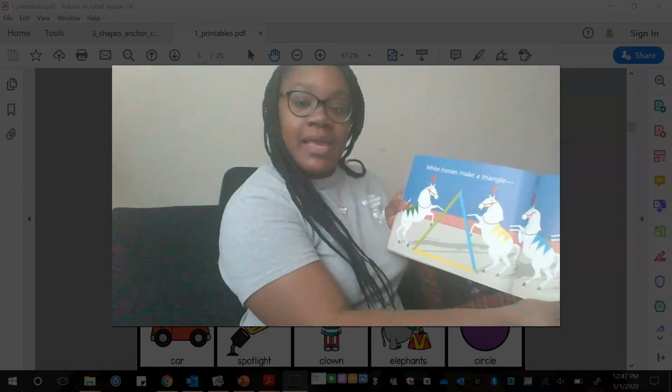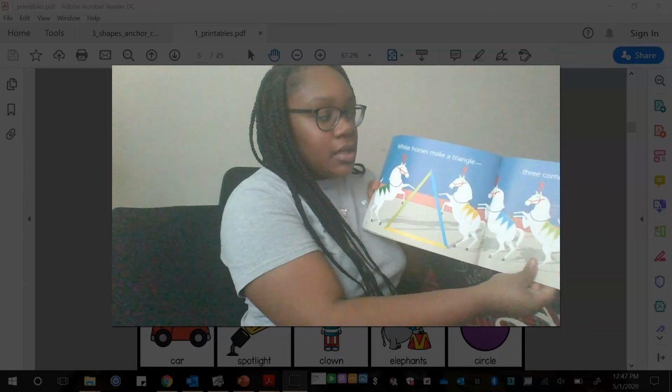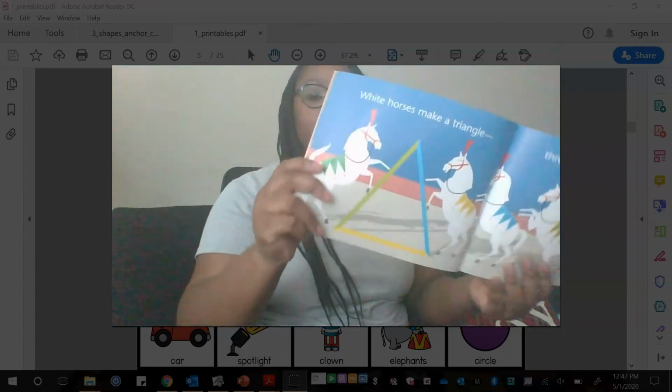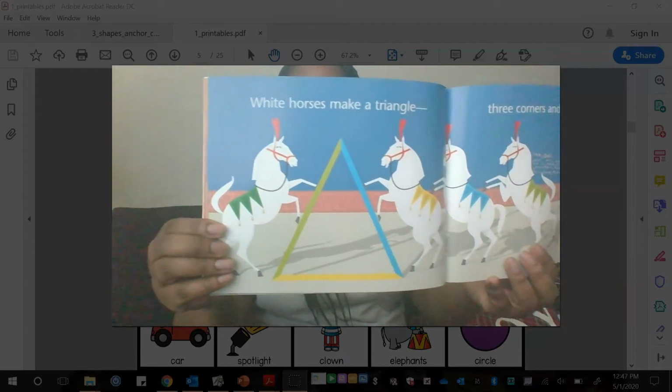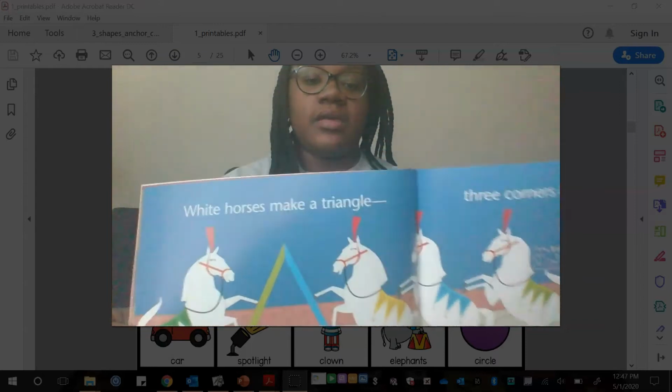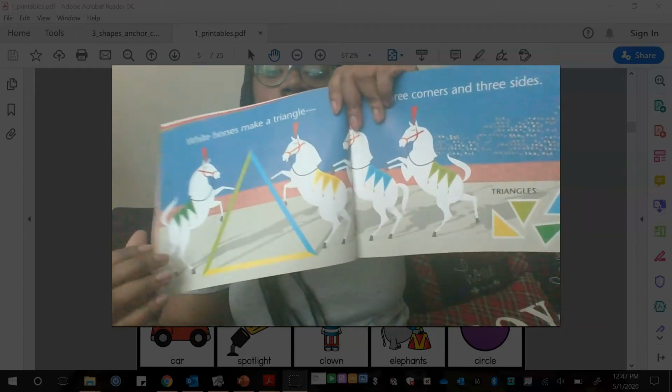White horses make a triangle, three corners and three sides. So we know that our triangle has three corners and three sides. So let's see.